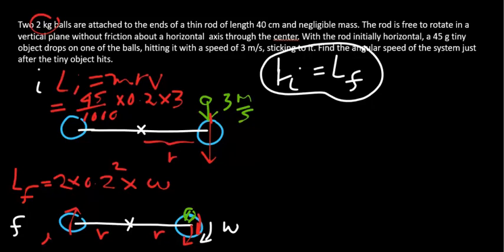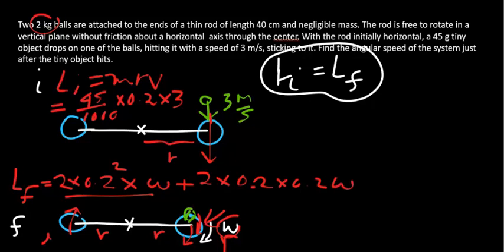Now let's do the right-hand side contribution. The right-hand side blue ball would also contribute the same amount because its mass is 2 kg. The distance from the axis of rotation is 20 cm or 0.2 meter, and it has the same speed, and therefore the angular speed omega, which is given by 0.2 omega. So 0.2 times 0.2, 0.2 squared omega.